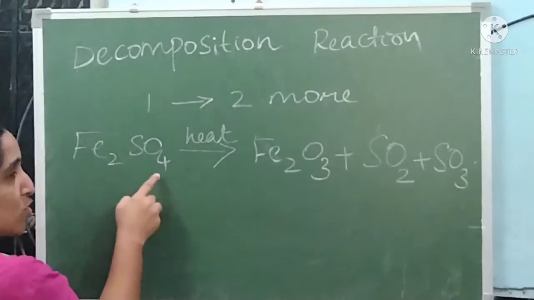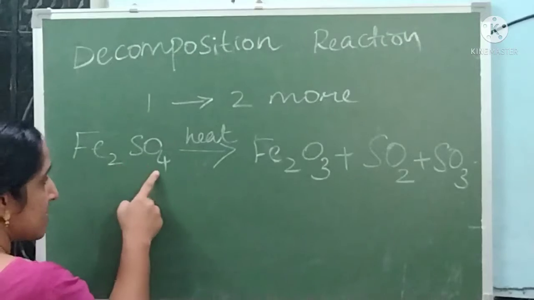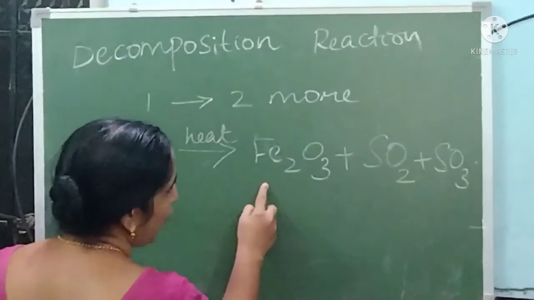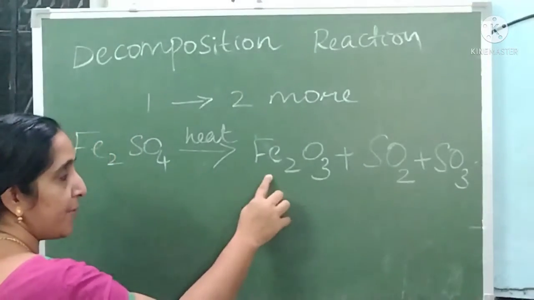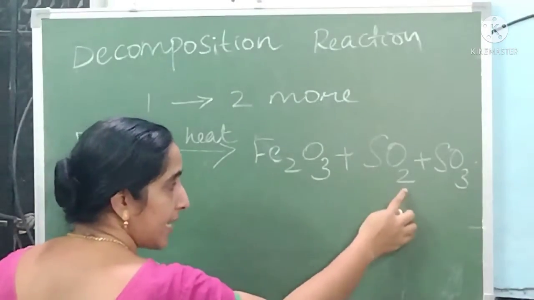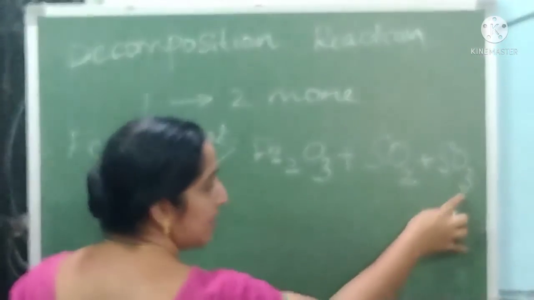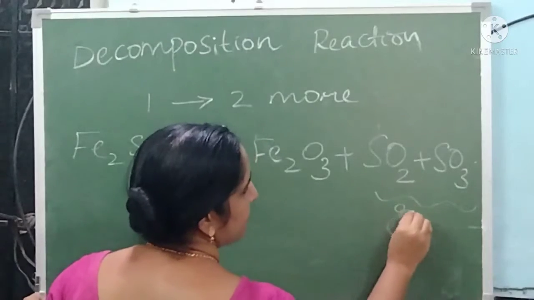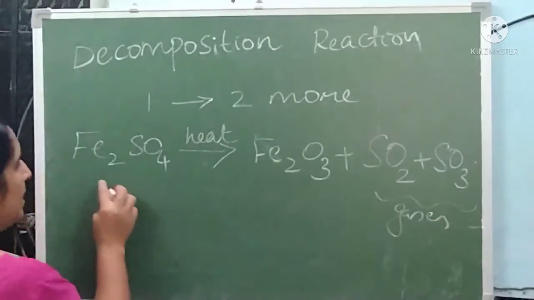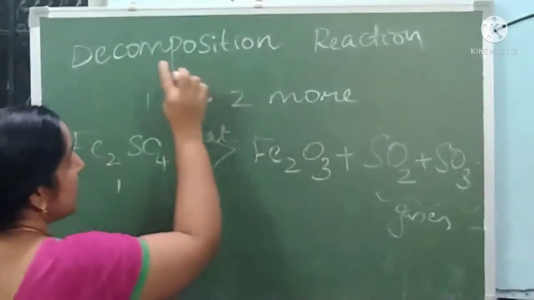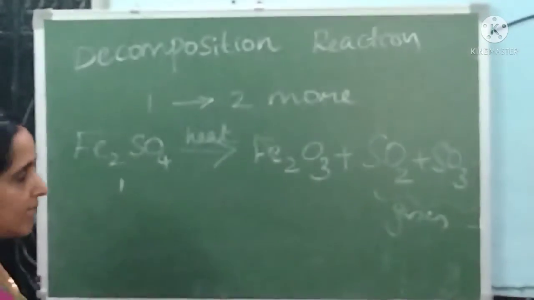Ferrous sulfate reacts with heat to form ferric oxide, Fe2O3, sulfur dioxide, and sulfur trioxide. These two are gases. So here the reactant is 1 and the products are more than 2. Then it is a decomposition reaction.